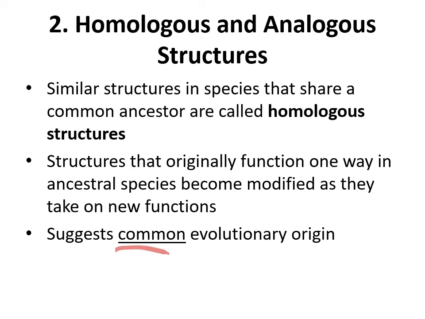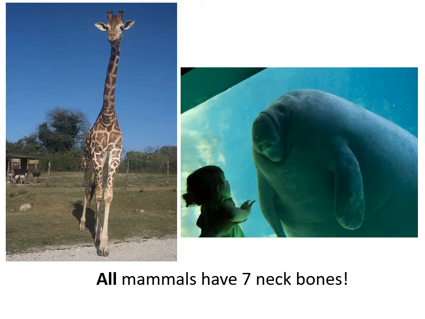a common evolutionary origin. So for example, you would assume if you were building giraffes, being as they have a long neck, and if you were building manatees, as you see, they really don't have a neck. If you're going to build one or the other, you'd probably build them differently. But a giraffe and a manatee both have, and you too have, 1, 2, 3, 4, 5, 6, 7.